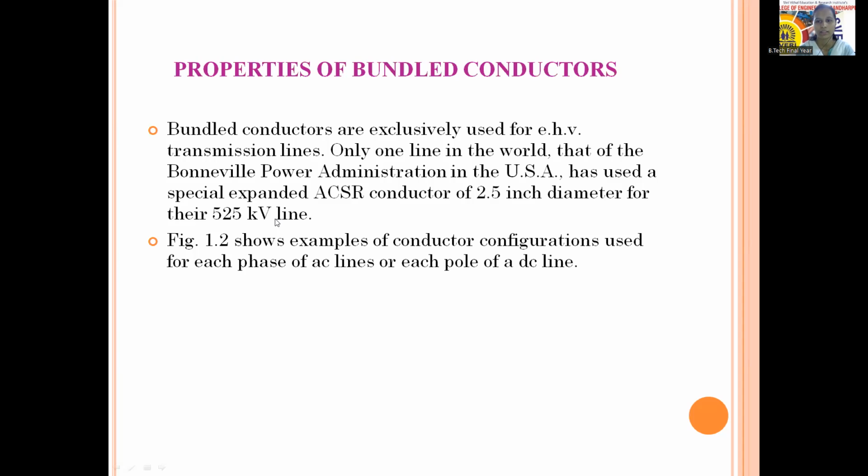Only one line in the world, that of the Bonneville Power Administration in the USA, has used a special expanded ACSR conductor of 2.5 inch diameter for their 525 kV line. That is the conductor size they have used.